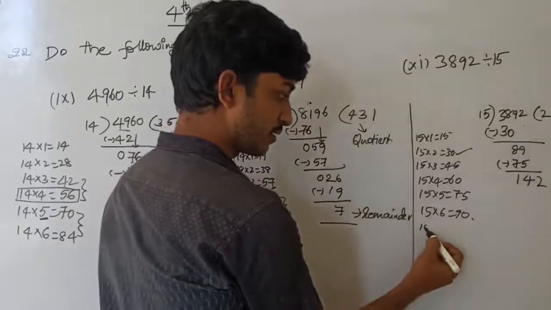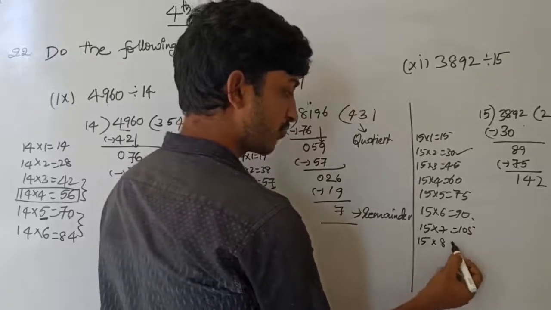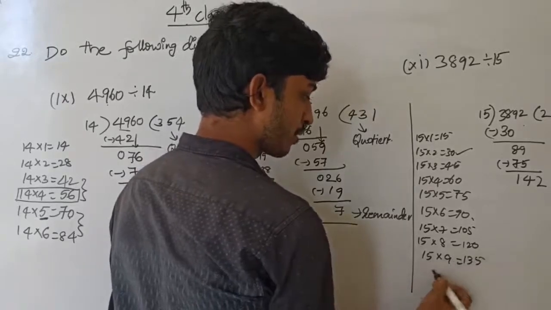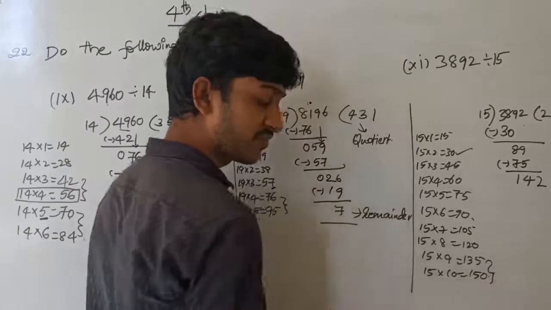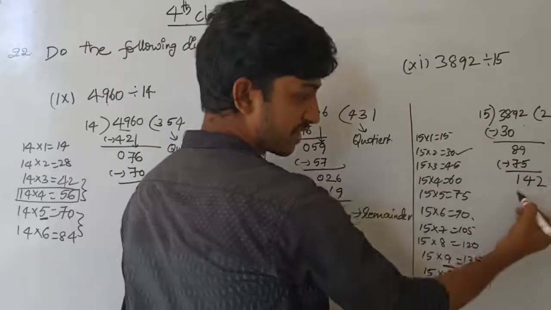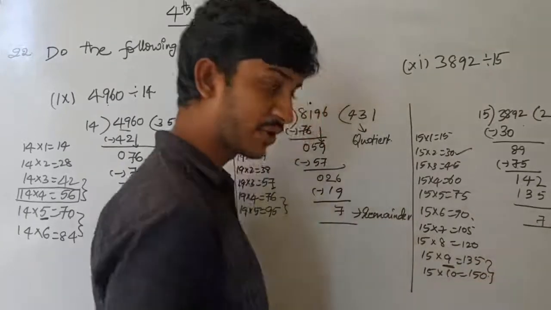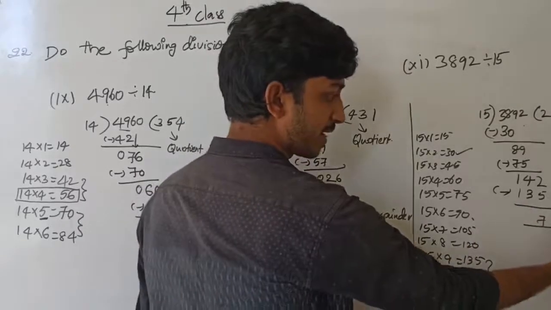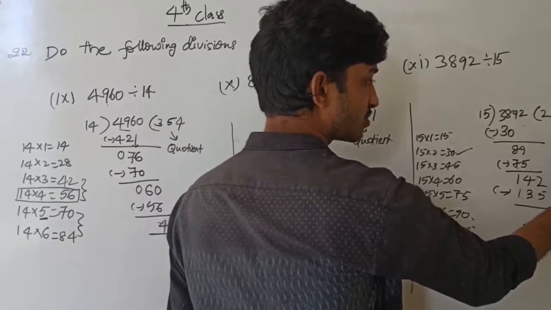So take more multiples: 15 into 7 is 105, 15 into 8 is 120, 15 into 9 is 135, and 15 into 10 is 150. So it is in between 135 and 150. So we have to take 9 times. 15 nines are 135, and 142 minus 135 gives the remainder 7. So this 7 is the remainder and 259 here is the quotient.